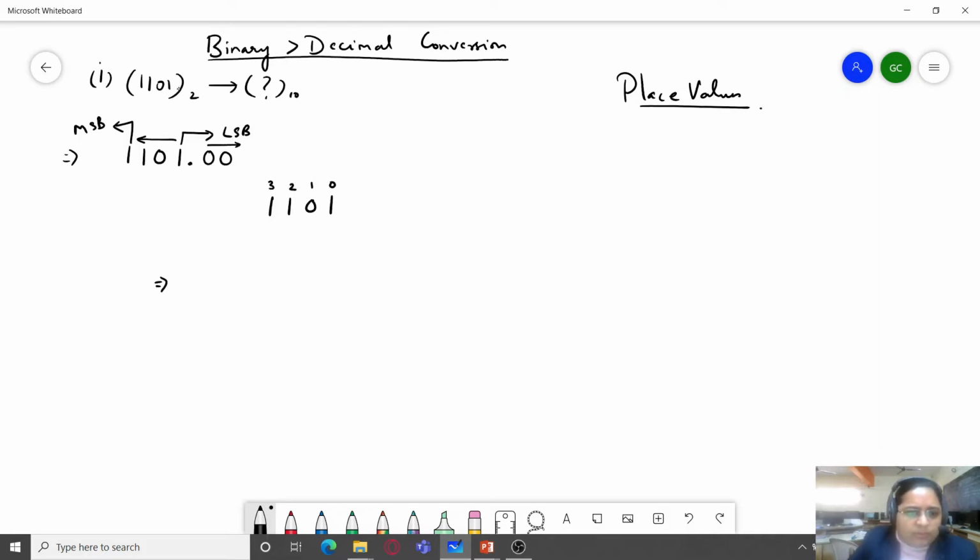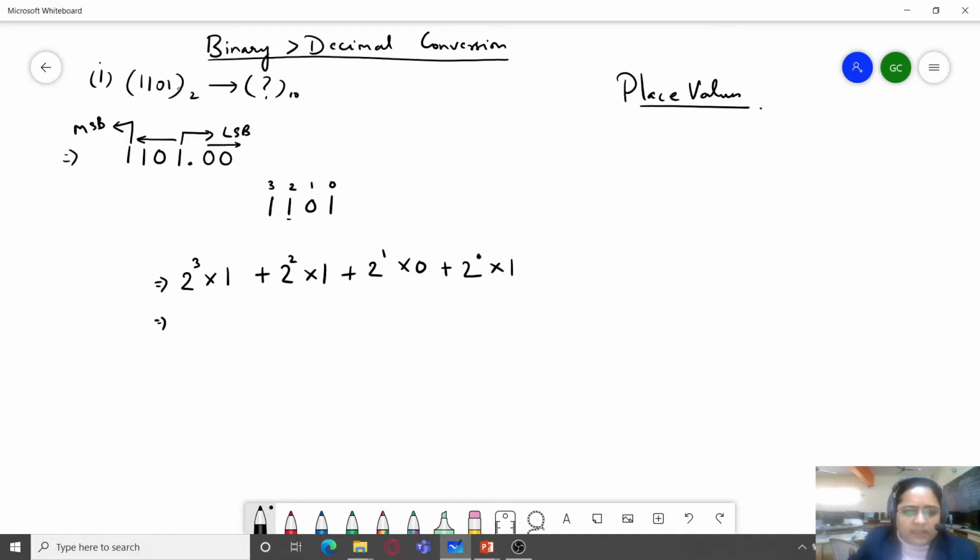Now, in order to convert this binary number to decimal, we will raise these weights to the power of 2, because we are converting binary to decimal and the base of binary numbers is 2, multiplied by this digit. Then again 2 raised to the power 2 into this digit, plus 2 raised to the power 1 into 0, plus 2 raised to the power 0 into 1.